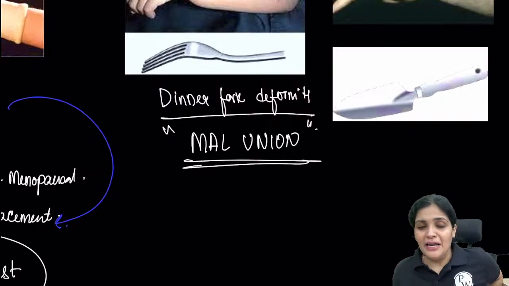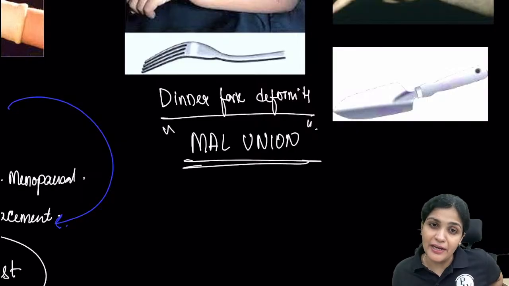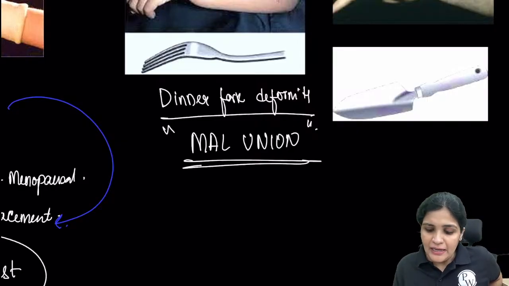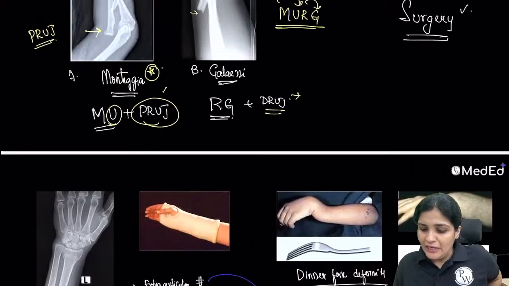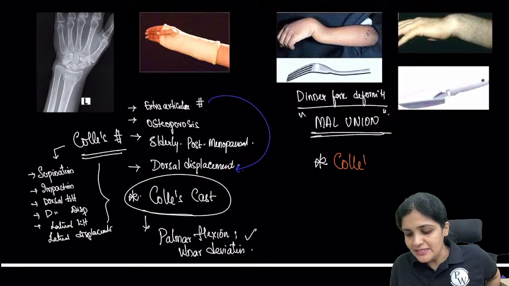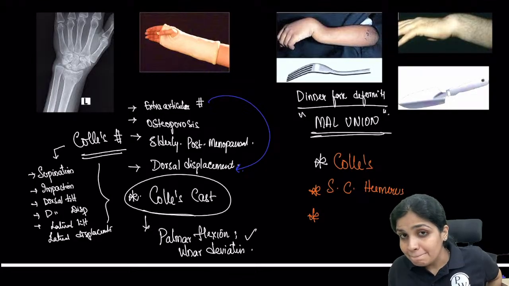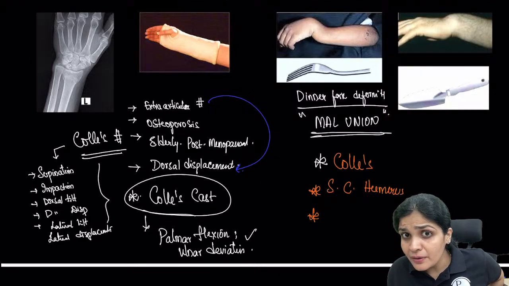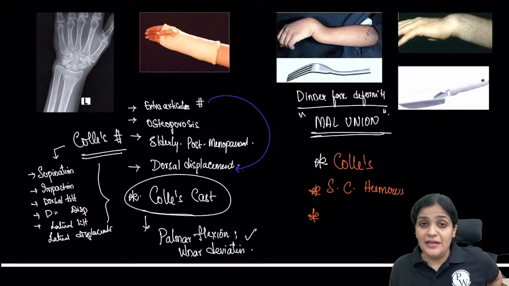Yes, malunion, because it is again extra-articular. Whenever something is intra-articular, you can expect non-union. So here are the examples of malunion. First is Colles, then supracondylar fracture humerus, then neck of femur, that is non-union, that is intra-articular.